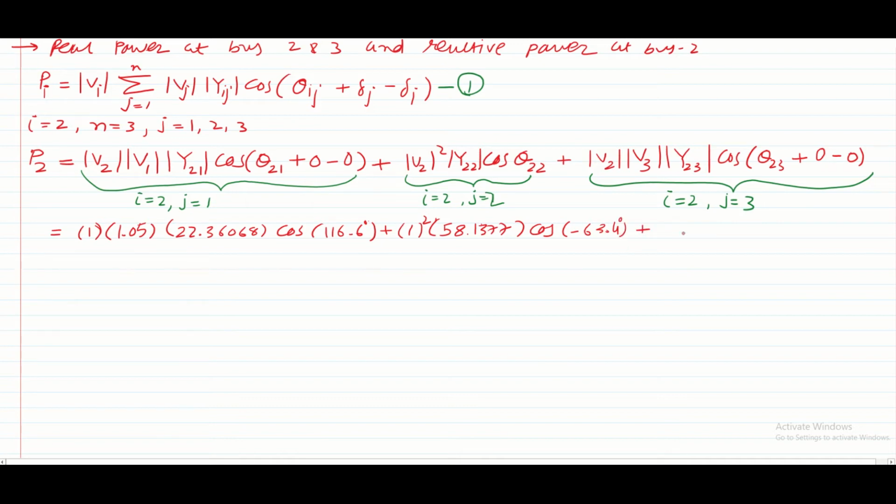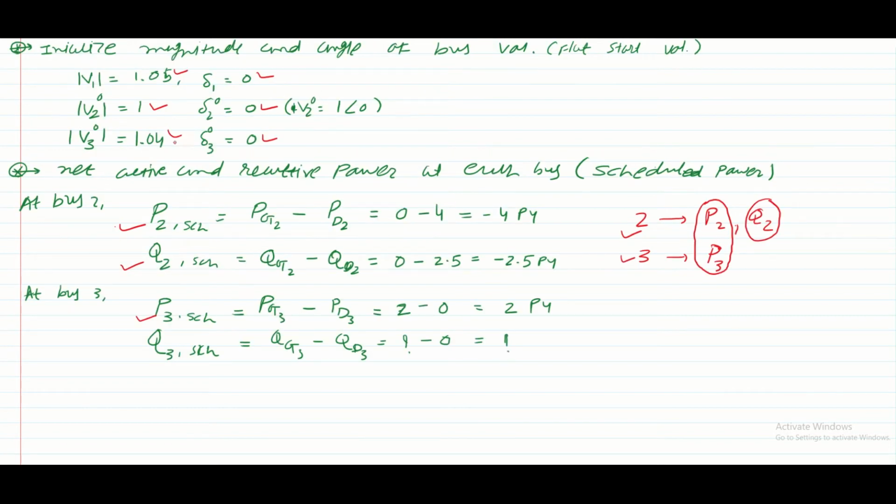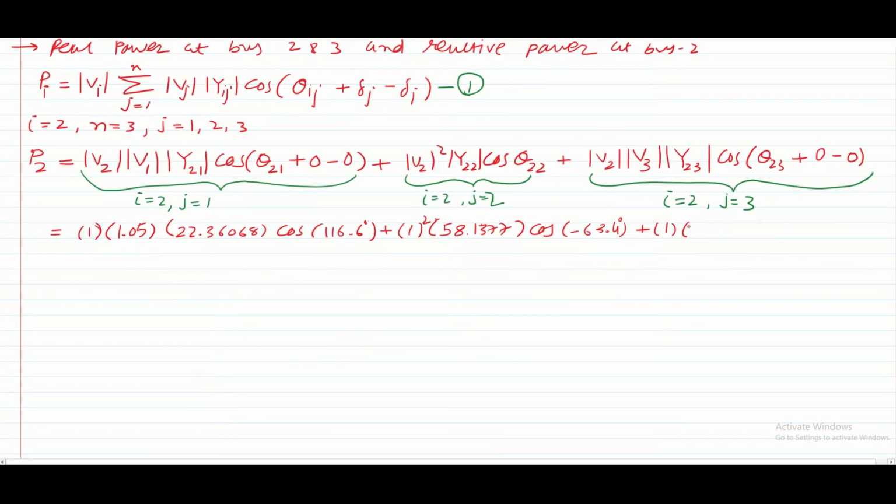And similarly for the last term, again V2, which is 1 per unit, V3, which is given as 1.04. Again the value of Y23 from the matrix, which is 35.77709, and cos of angle theta 23, which is 116.